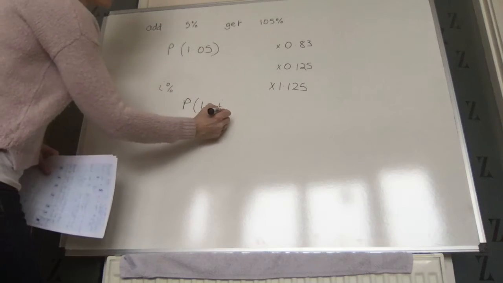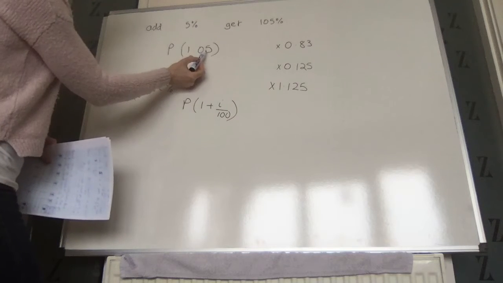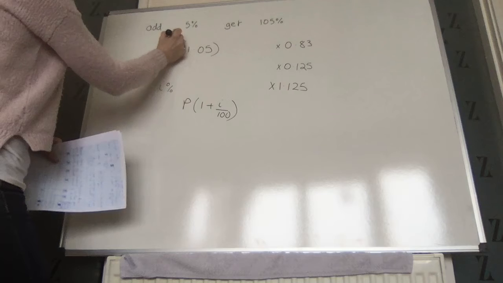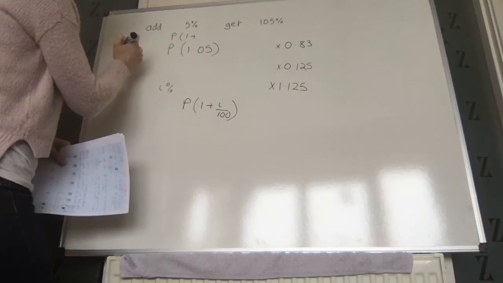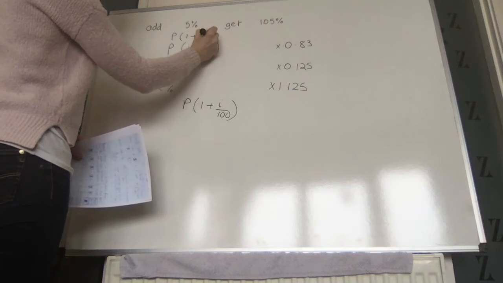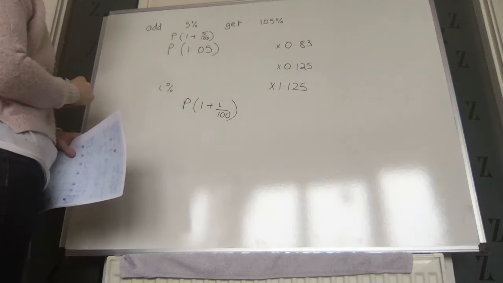I as a decimal means the percentage divided by 100. The example here, to add 5%, you multiply the number by 1 plus 5% as a decimal, and 5% as a decimal is 5 divided by 100. So that's how you add on a percentage to a number.